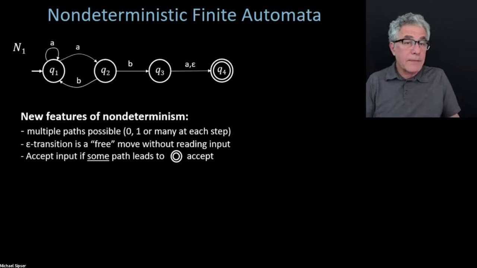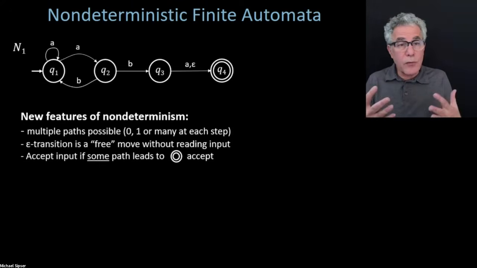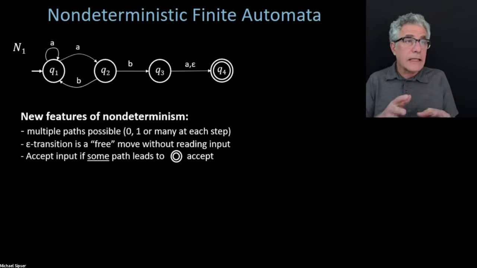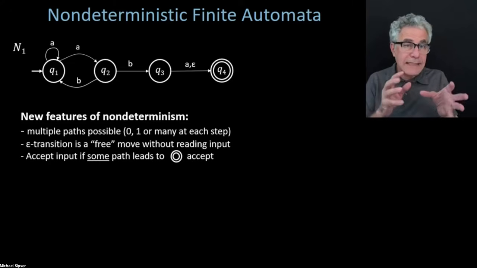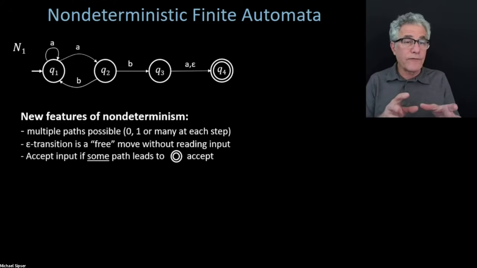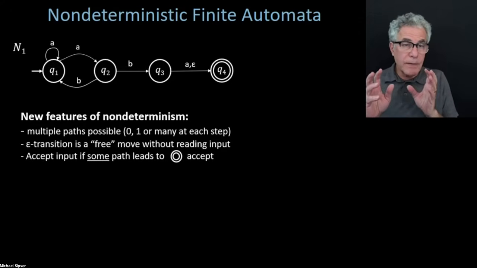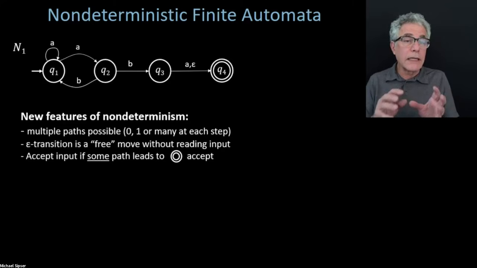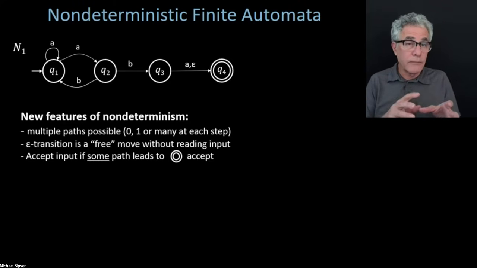Some of them might accept, other ones might reject, and so then what do you do? Well, in that case, acceptance always overrules rejection. That's the essence of nondeterminism, the way we're setting it up. You may ask why that is, and the spirit of that will become clear in due course. But right now, just take it as a rule. When we have a nondeterministic machine, acceptance overrules rejection.